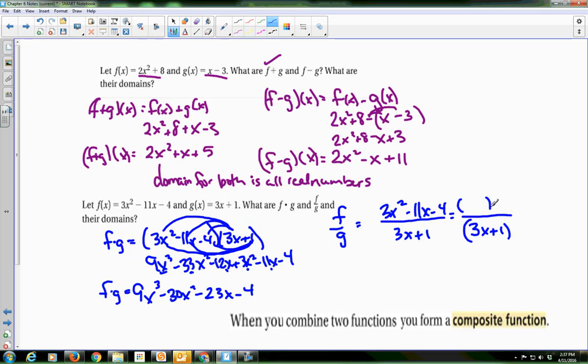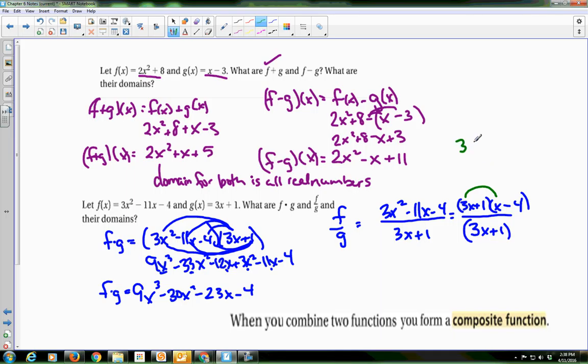So I'm going to go ahead and try and factor this here. I'm going to test 3x plus 1 because it's my denominator. And 3x times x is 3x squared and 1 minus 4. So I'm just doing a little test. I don't yet know if this is going to work.